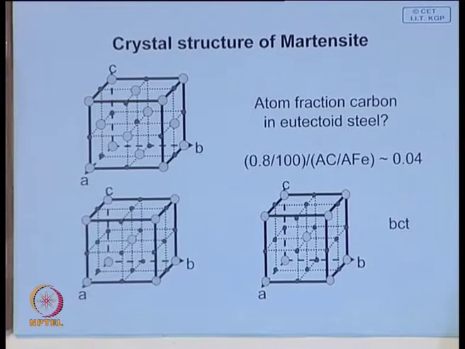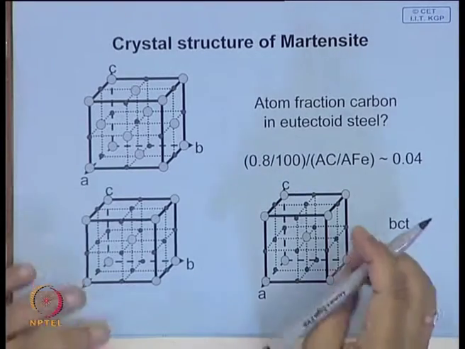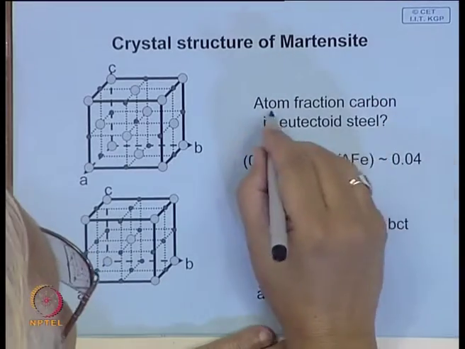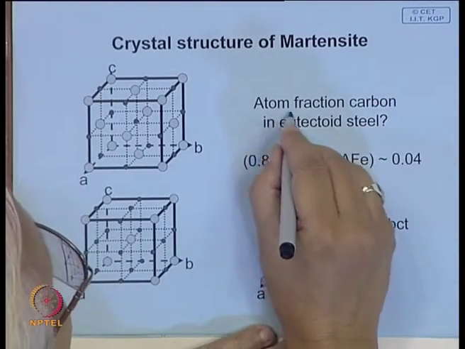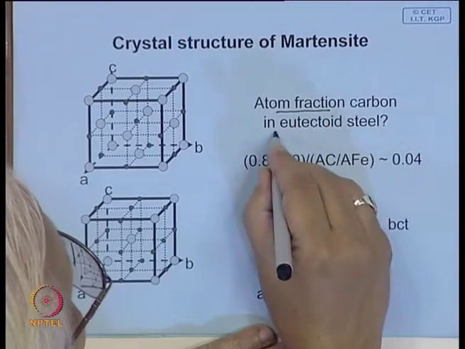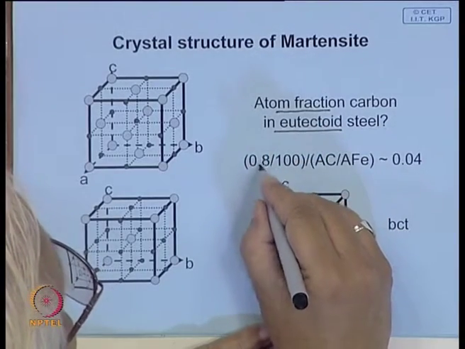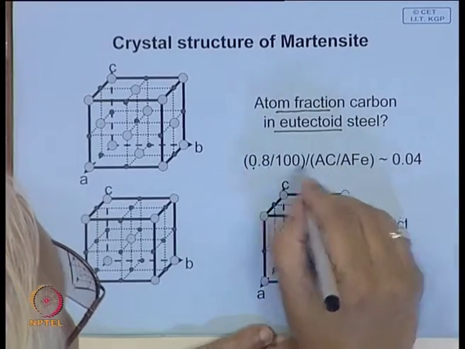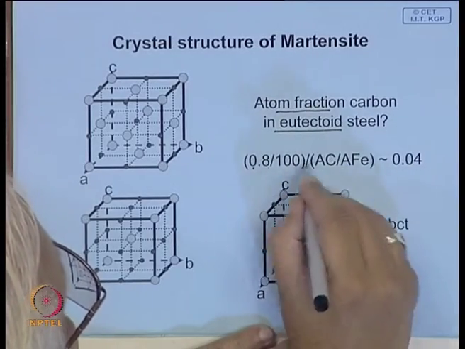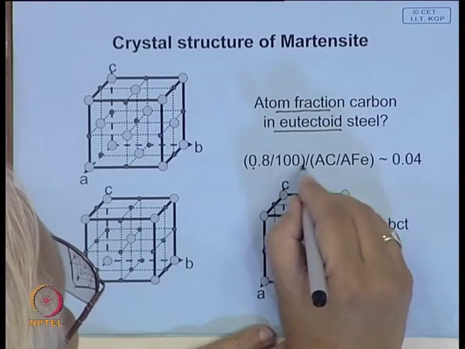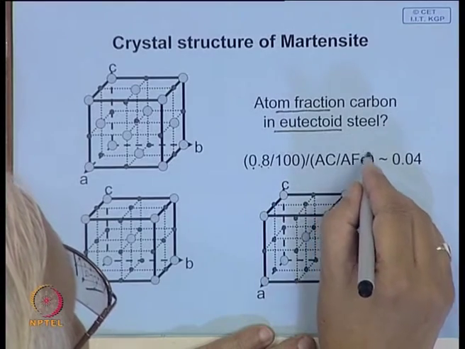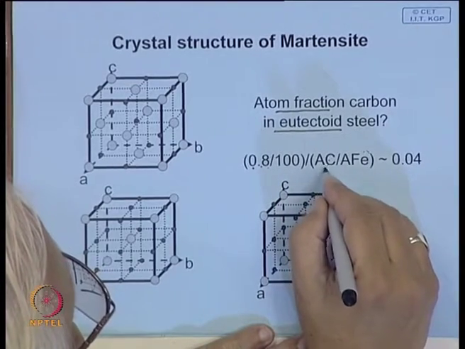Now, a point about how many carbon atoms you have in steel. Suppose you look at this, how do you calculate the atom fraction of carbon in eutectoid steel? In eutectoid steel you have 0.8% carbon. To convert it into atomic fraction, you multiply 0.8 by the atomic weight of iron and divide by the atomic weight of carbon.